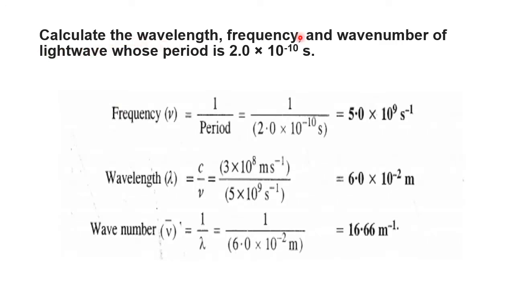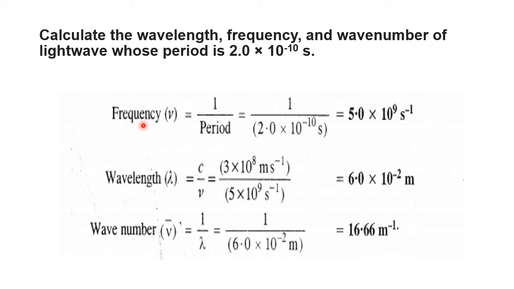Calculate the wavelength, frequency, and wave number of light wave whose period is 2 into 10 to the power minus 10 second. Period is given. What is frequency? Frequency equal to 1 by period. This I told in the structure of atom under the topic electromagnetic radiation.